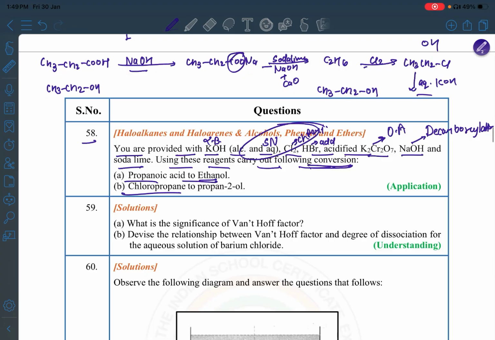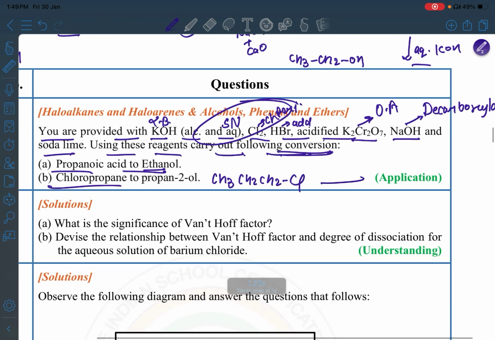The second conversion is chloropropane to propanol. Chloropropane is this one, CH3CH2CH2Cl. Okay, so firstly we react with alcoholic KOH, which gives us alpha beta elimination, like CH3CH=CH2.